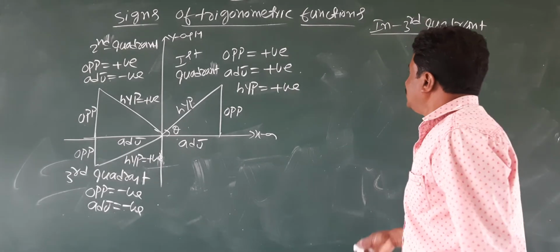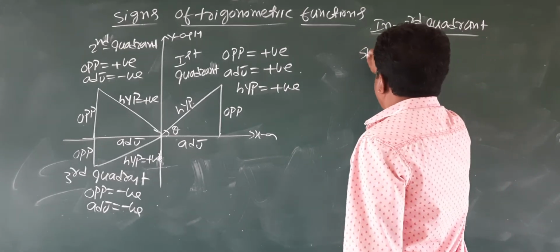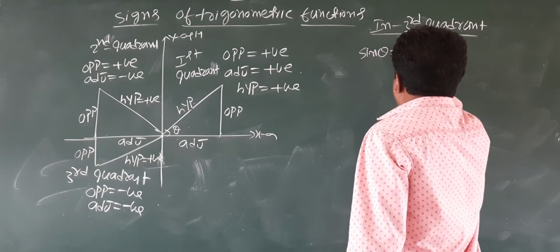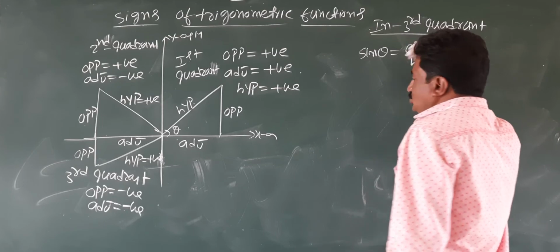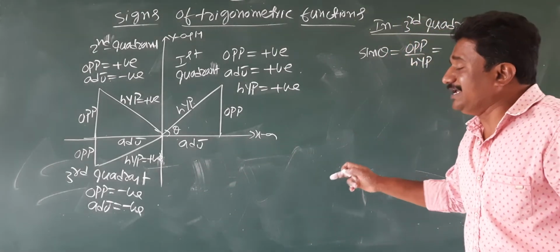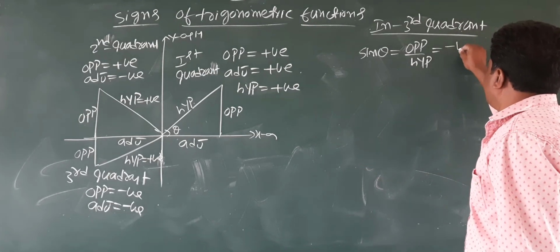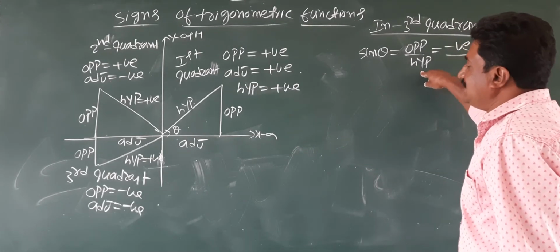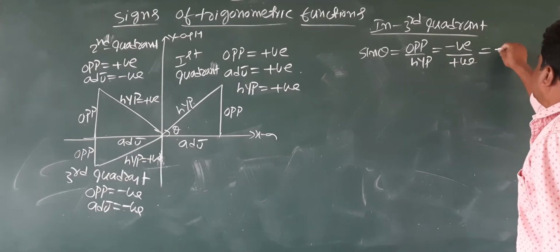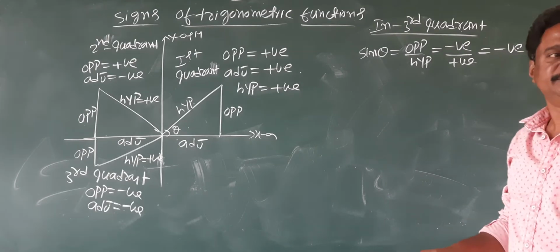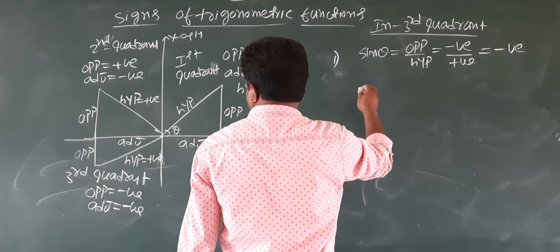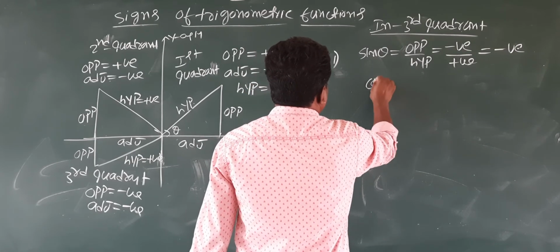So now sin theta, opposite by hypotenuse. The sign of the opposite side is negative. The hypotenuse side is always positive. Minus by plus, negative.